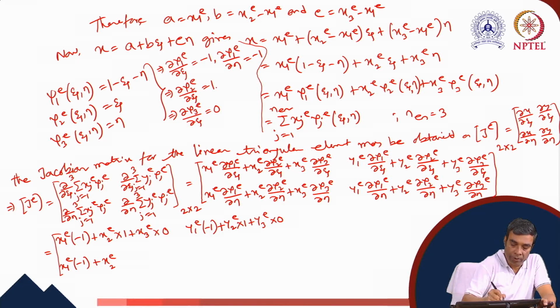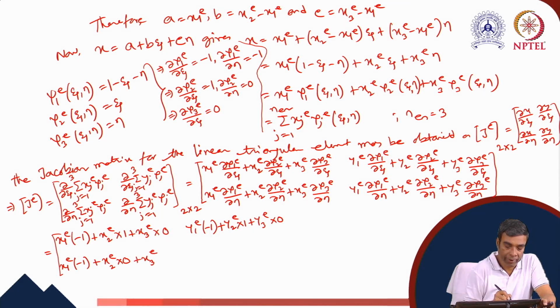This is 0, so x2e into 0, plus x3e into del psi 3e del eta. Del psi 3e del eta is 1.